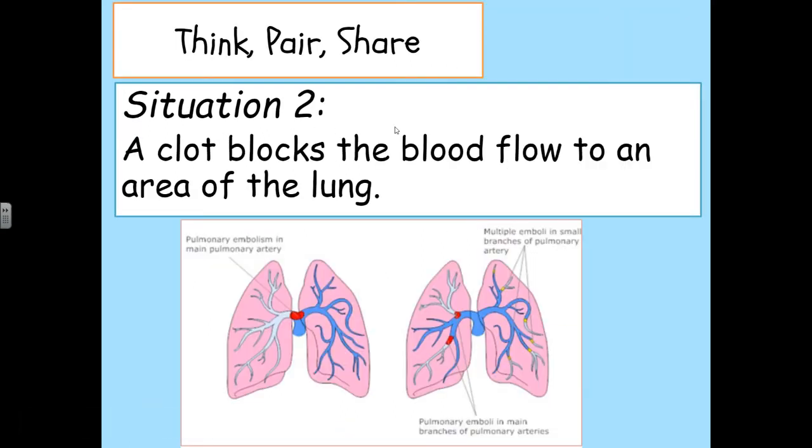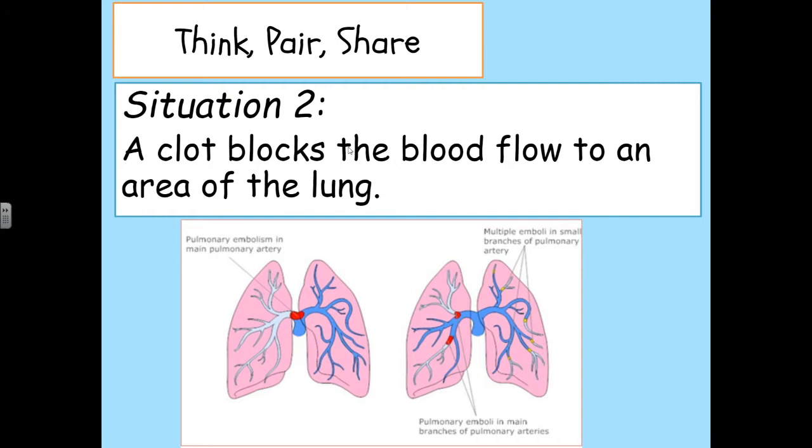A clot blocks the blood flow to an area of the lung. What is going to happen? Okay, so if you imagine the thing that happened previously on the outside of your body happens inside your lung. This isn't quite how clots tend to form in the lungs, but if we follow this through for the moment, if you have one of these blood clots in your lungs and it's in the blood supply to an area of tissue, you can imagine the blood coming along, getting to the clot and not being able to get past it.